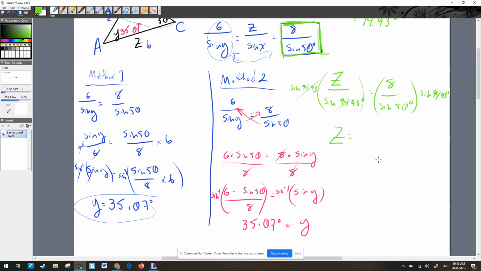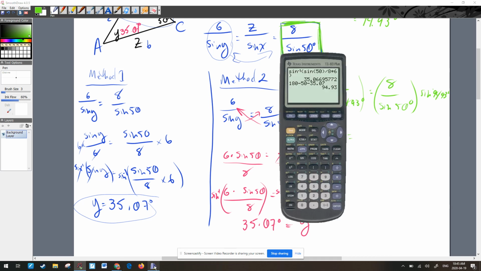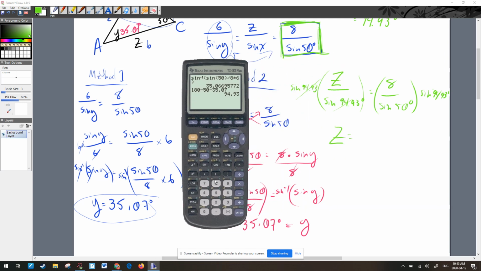So I can grab my calculator. Here we go. So we're going to have 8 divided by the sine of 50 times the sine of 94.93. Then we're going to find out that that side length is 10.40.